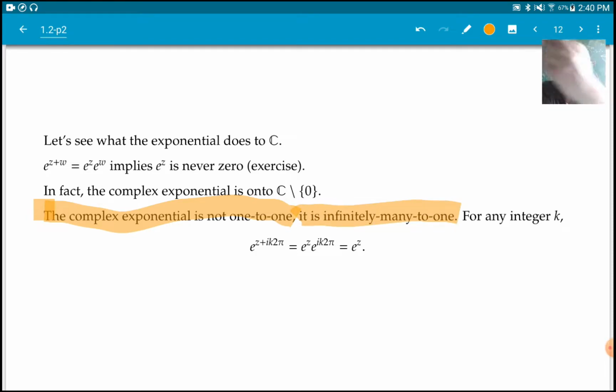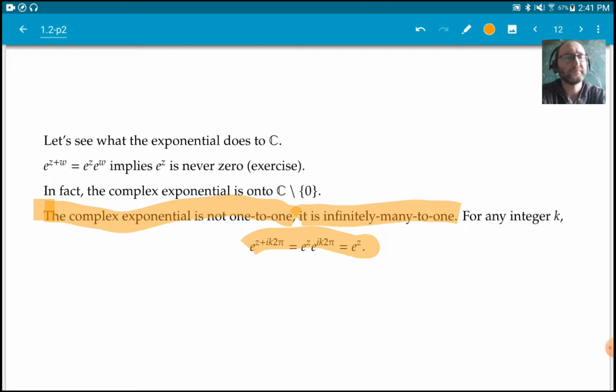Again, we've seen that. That's really why the argument is not a well-defined single-valued function. Why we had that problem was trying to define the argument. If I take e to the z plus i times any multiple of 2 pi, I get the same number back. So infinitely many different points go to the same point.